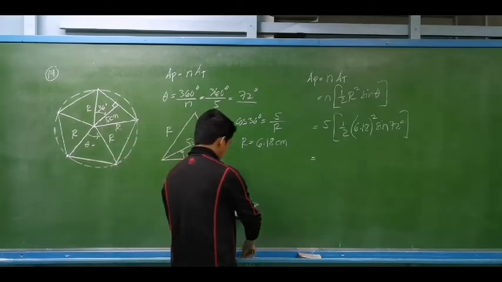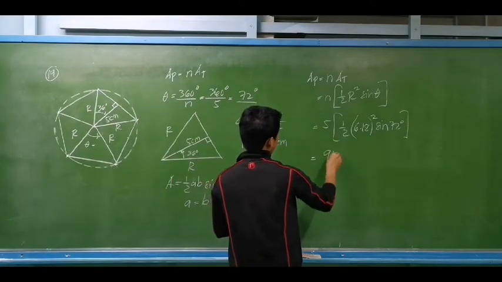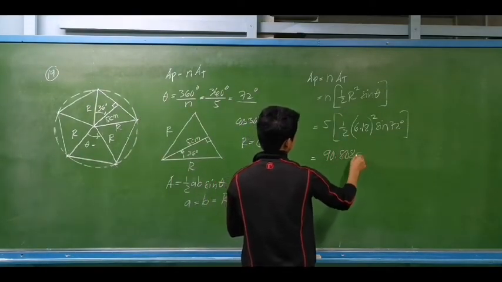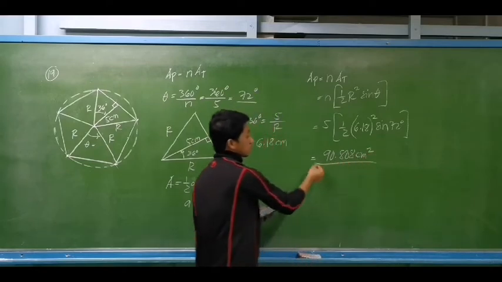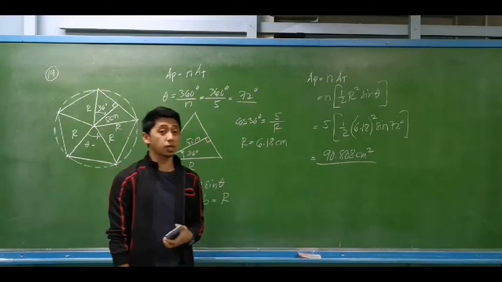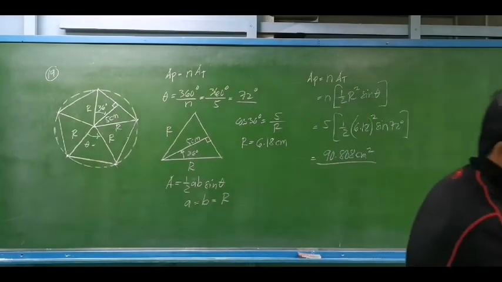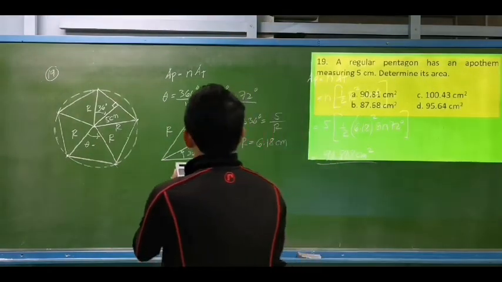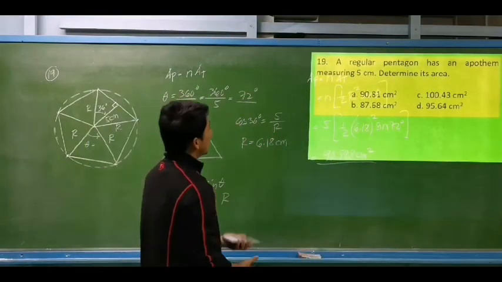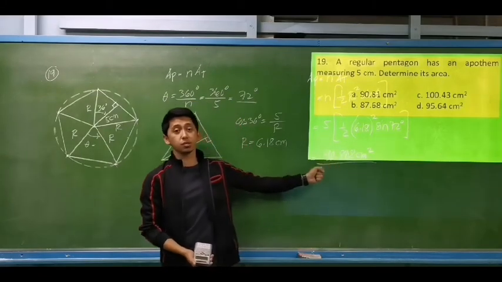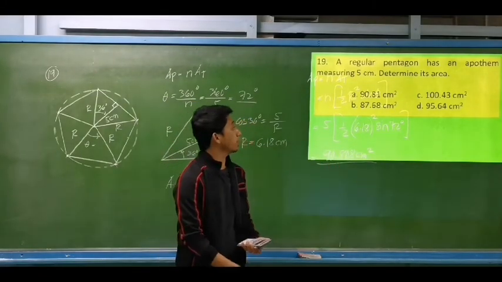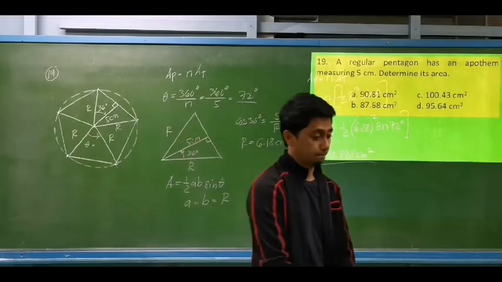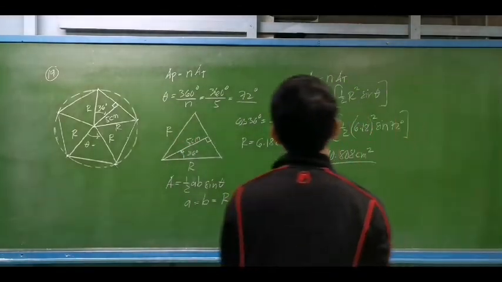So yung nakuha natin dito is 90.808 square centimeters. Check natin sa choices. Okay, pinakamalapit na sa choices, we have letter A, that is 90.81 square centimeters.